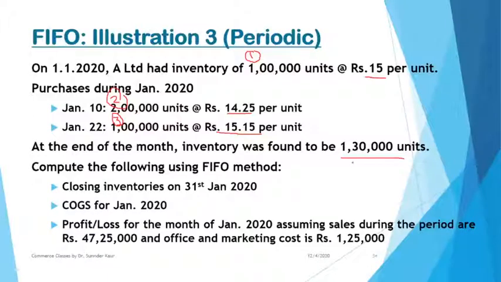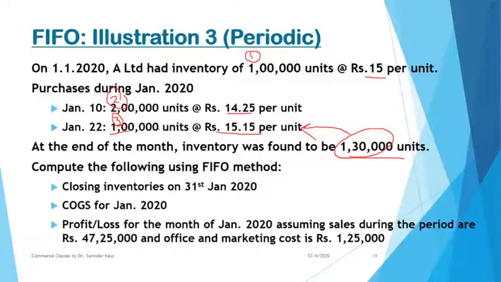And your inventory should be from the latest lots because the latest lot will be left. So when you are to value this inventory, first of all, it should be from the latest lot, that is of 1 lakh units of 15.5. Now herein you have 1 lakh units. It means your closing stock cannot be fully from this lot.